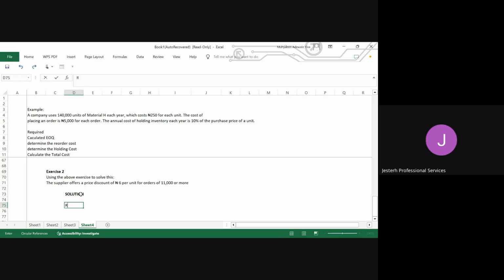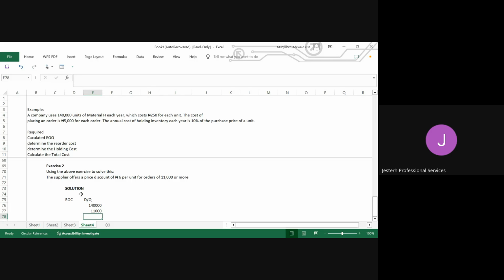Now remember, we say our order cost is D divided by Q. D stands for our annual demand, which is 140,000, while our Q is the amount of the order the supplier has given us to purchase for them to give us a discount on the unit purchase price, which is 11,000.